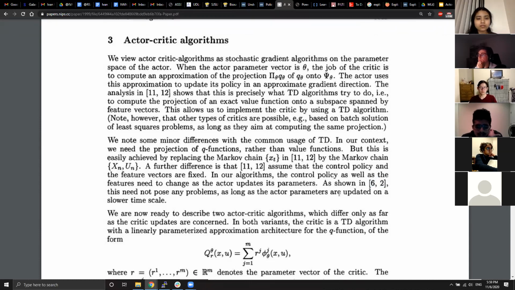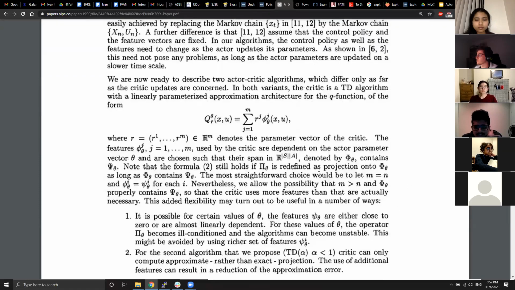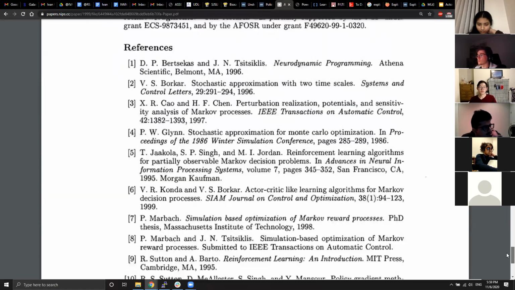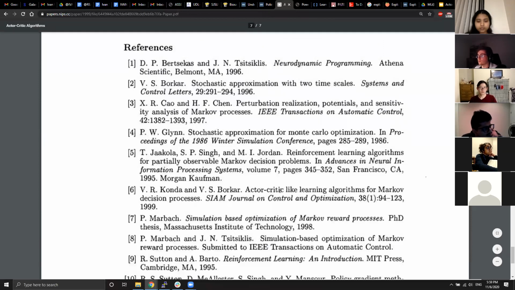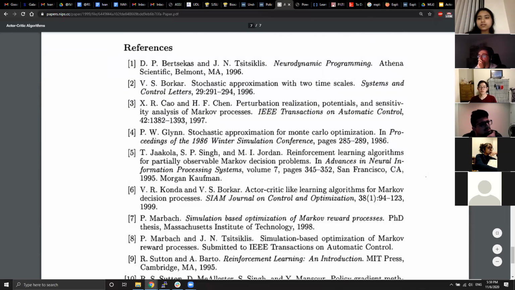It looks like references 6 and 2. Yeah, let's see. Essentially they might be referring to some observations.